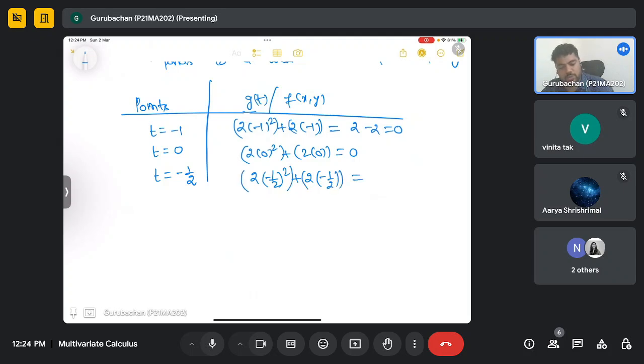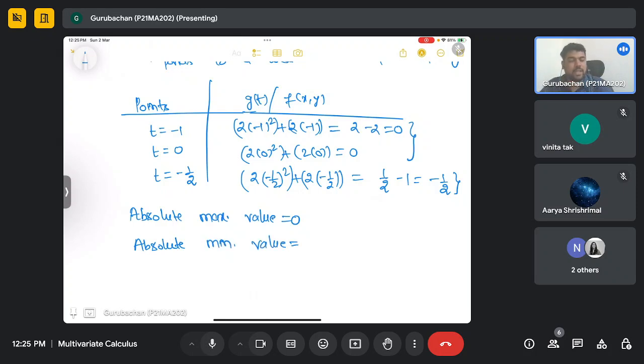So this will give us 1 by 2 minus 1, which is minus half. So the absolute maximum value of this particular f(x, y) is nothing but 0, on the particular given line segment we are talking about. It can be more than that on another line segment or less than that. So on this particular line, this is the absolute maxima value and absolute minimum value.